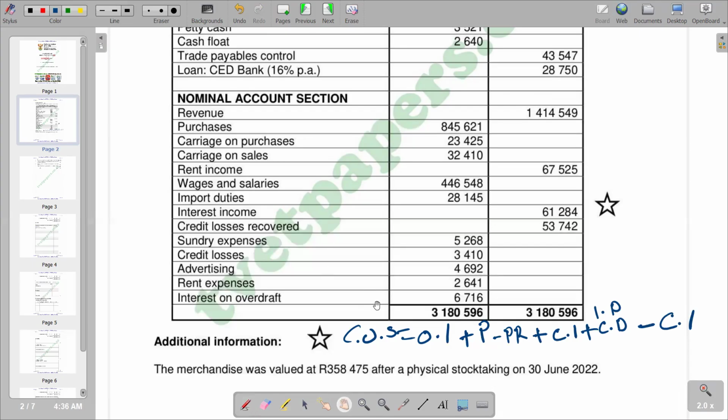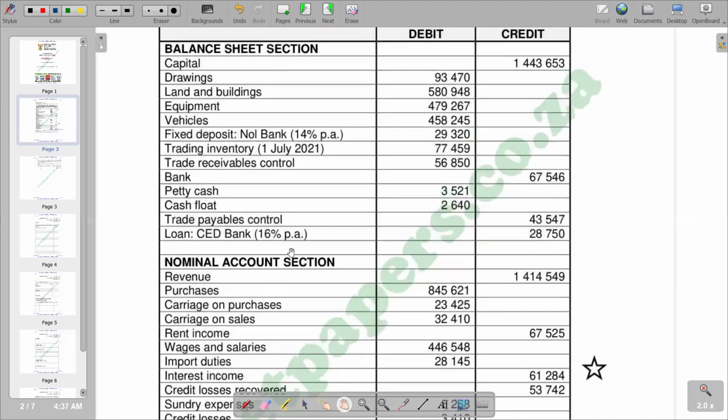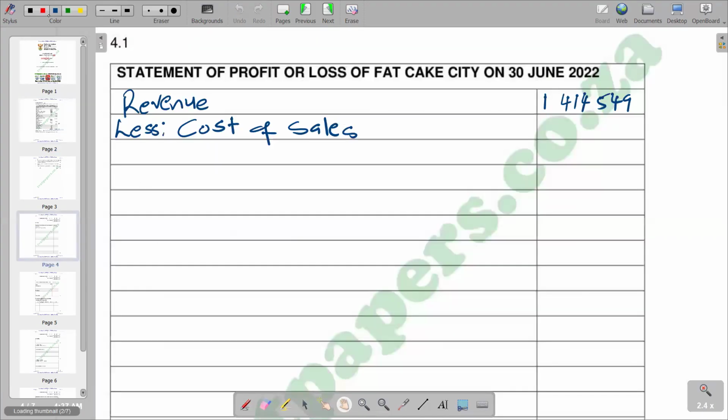So we start with the figure for opening inventory, which we are supposed to find under the balance sheet section, whereby you're given the figure for our trading inventory as 77,459. So we come here and say opening inventory, or we can just say trading stock.